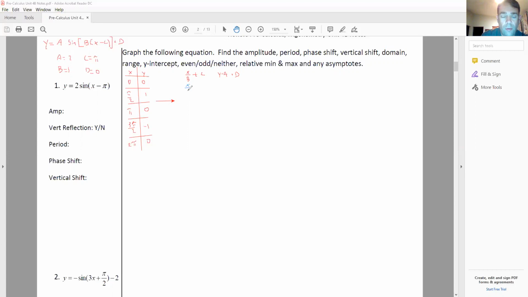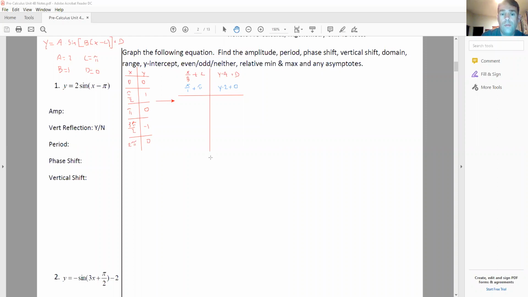So x divided by 1. And our c value is pi, so we're going to add pi. Our a value is 2, so I'm going to go y times 2. And I didn't have a d value, so that's 0. So that's what we're going to be dealing with the entire time.